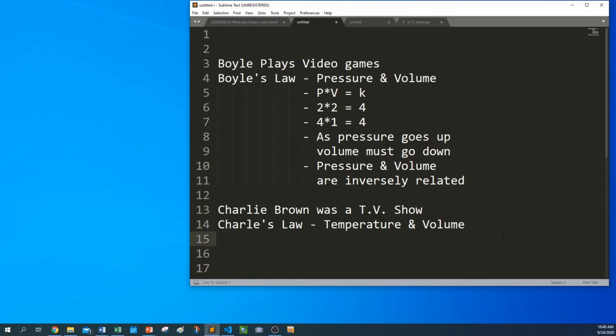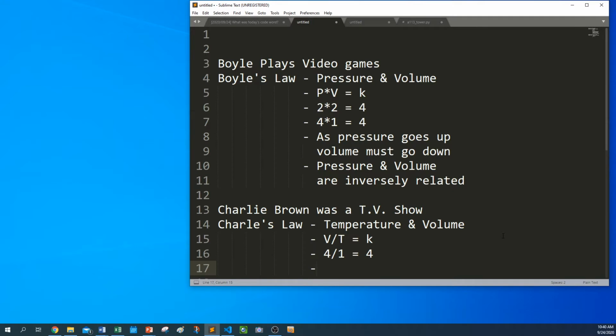So remembering the combined gas law, in it we have volume on top and temperature on bottom, and that's equal to some constant. So let's plug in imaginary numbers. Let's choose an arbitrary value of 4 for our constant. So 4 divided by 1 is equal to 4.